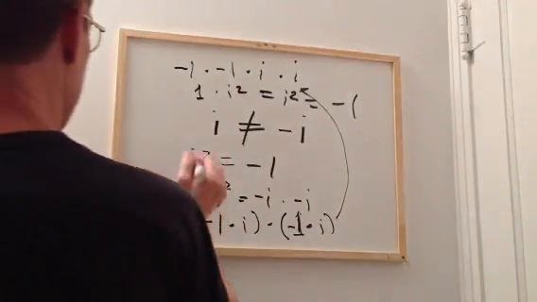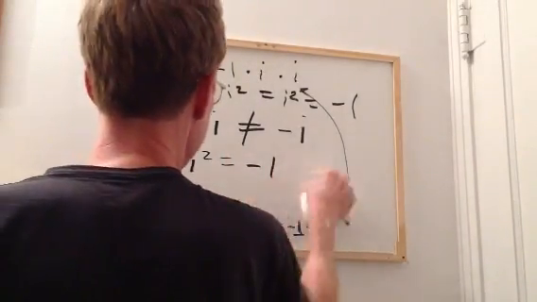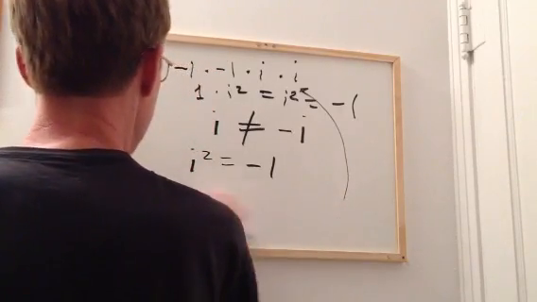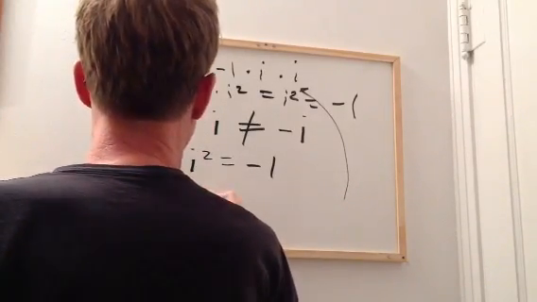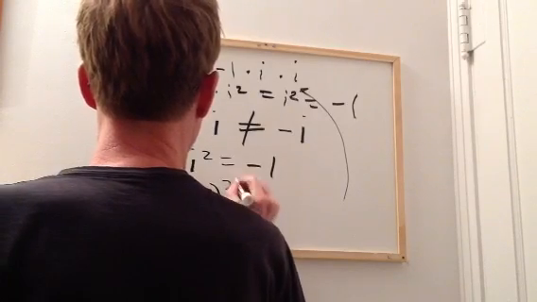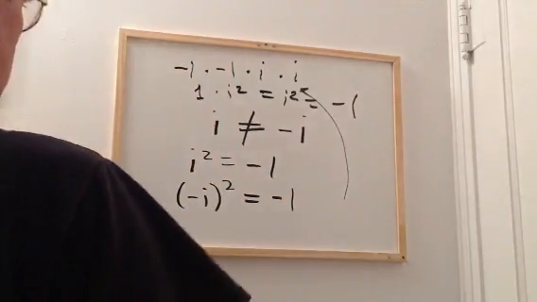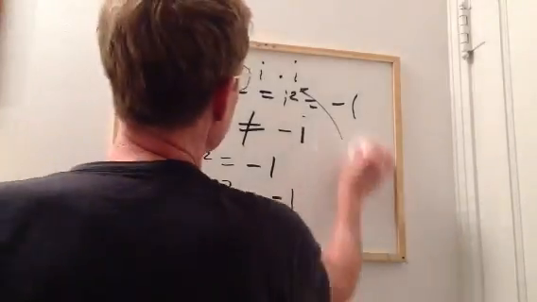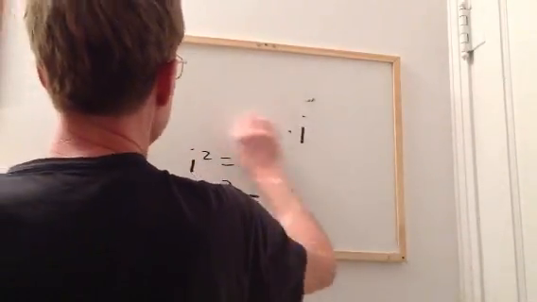So we know now that i squared equals minus 1. And we also know that when we square negative i, we also get minus 1, even though i and minus i are not the same.